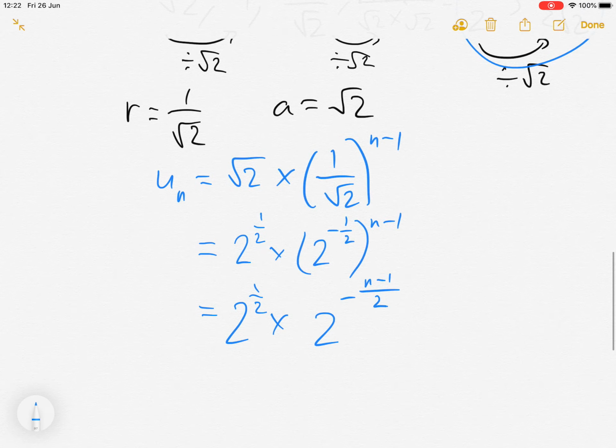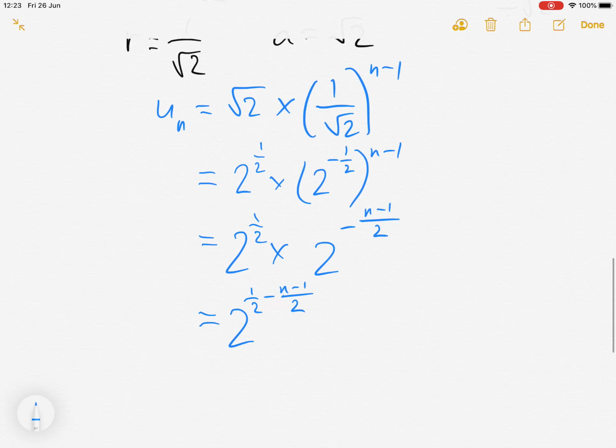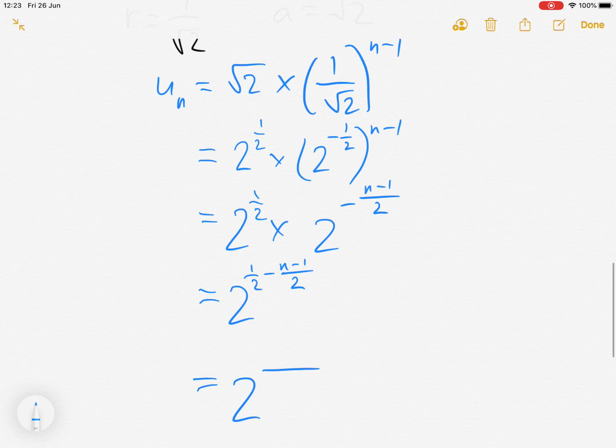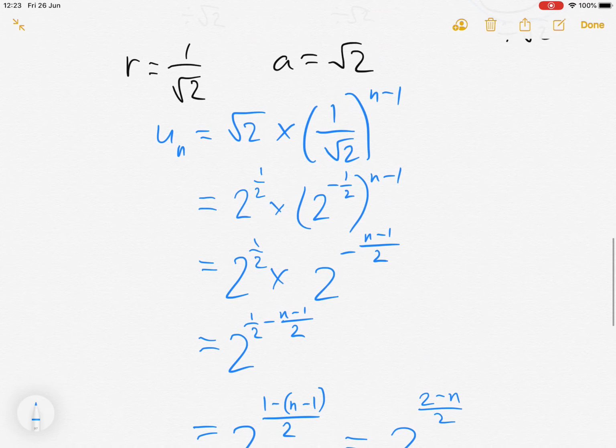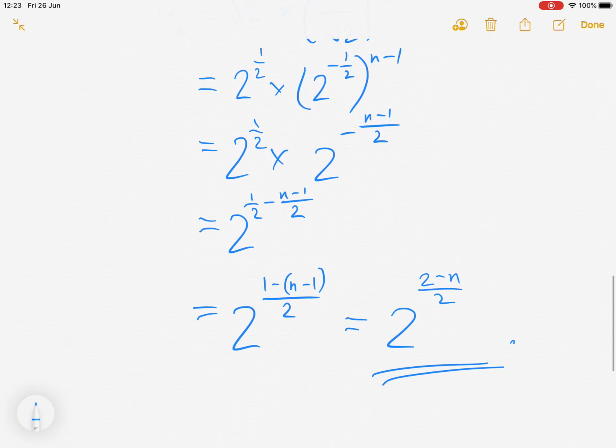And then we're multiplying so we can add the powers, so we have 2 to the half minus (n minus 1) over 2. It simplifies slightly further because it's now 2 to the (1 minus (n minus 1)) over 2, and 1 minus n plus 1 gives 2 to the (2 minus n) over 2. And that's it. So we can use the laws of indices to simplify that.